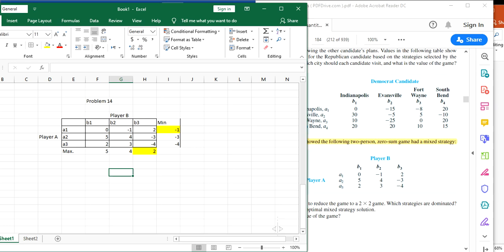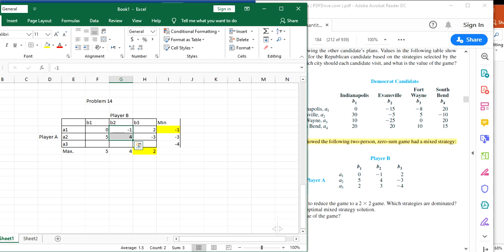So obviously this column. Okay, let's first try the A player's strategies. So this one is dominated by that one, so we remove that one. Now this one is removed by that one.